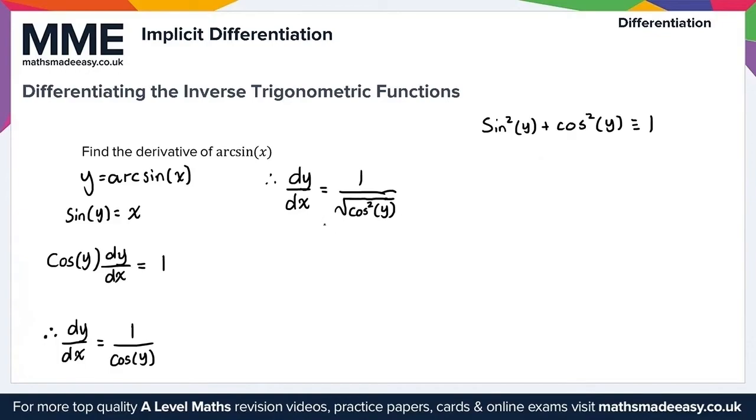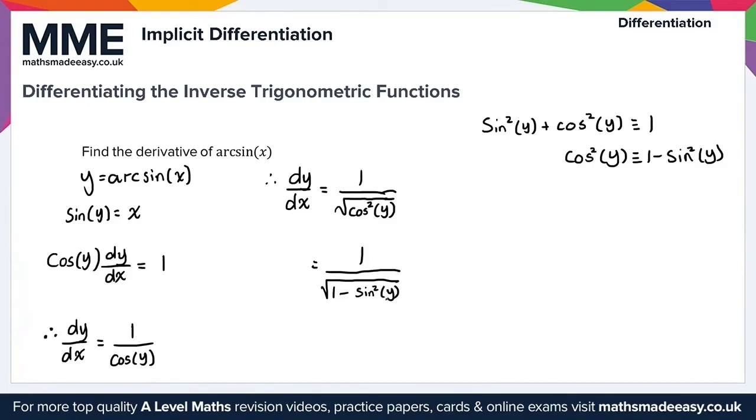So in that case, cos squared y is equivalent to 1 minus sine squared y. Okay, and in that case, we can replace our cos squared y with 1 minus sine squared y. So this is equal now to 1 over the square root of 1 minus sine squared y.